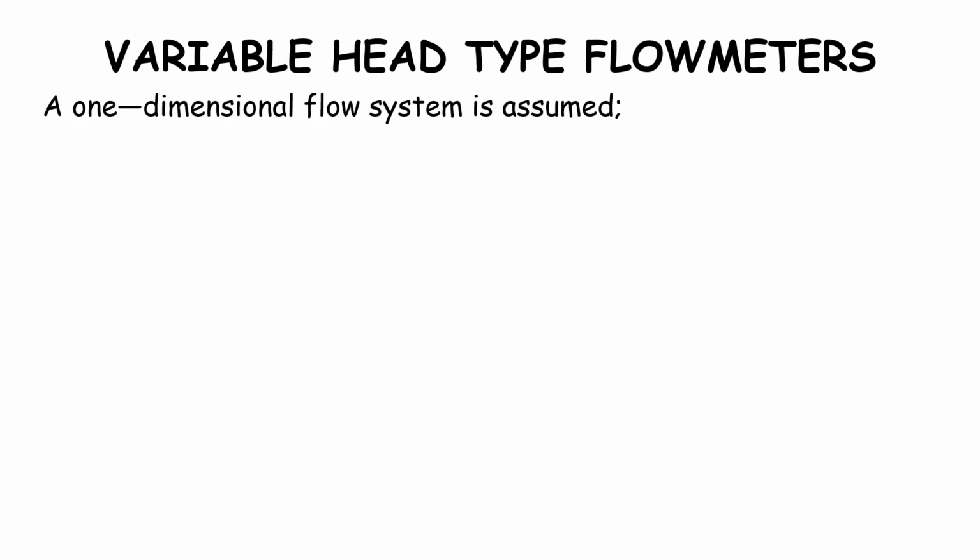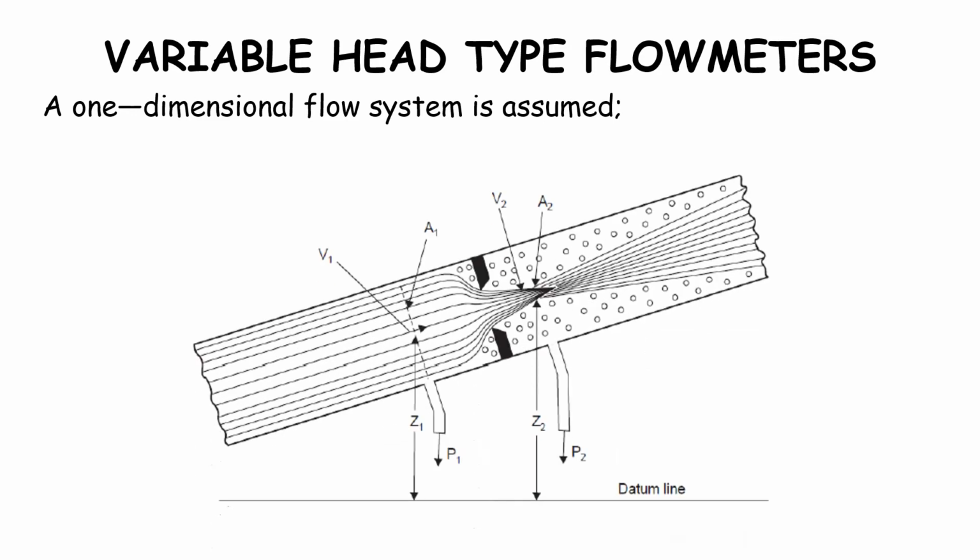In this particular chapter, we are going to see how a one-dimensional flow system is assumed. When you look at this diagram, this is a tube or a pipe in which the fluid or a liquid is going to flow.